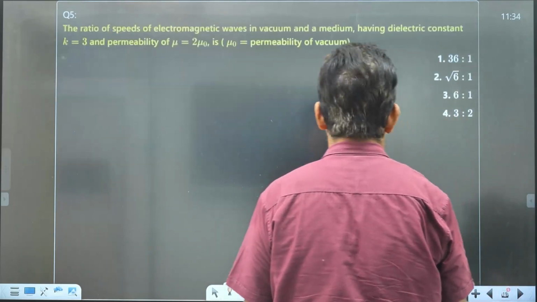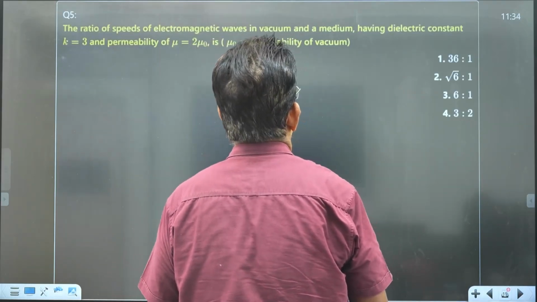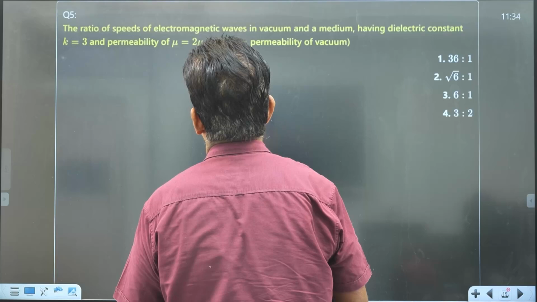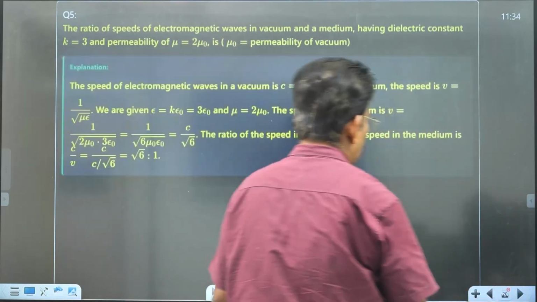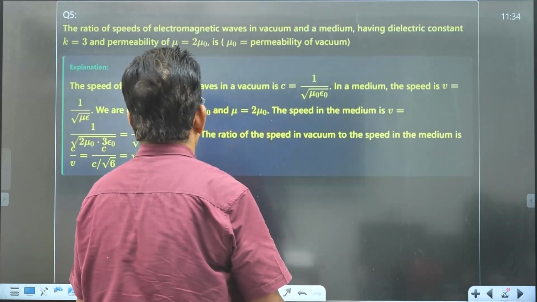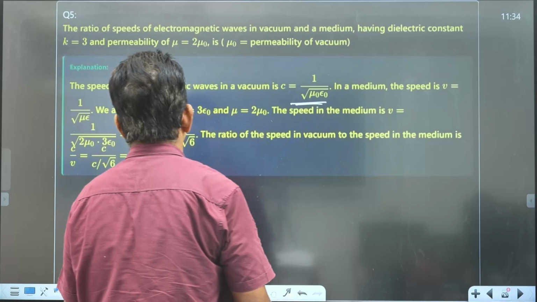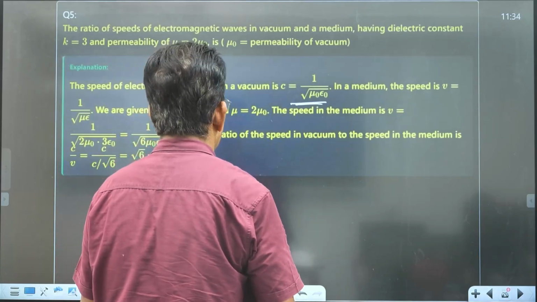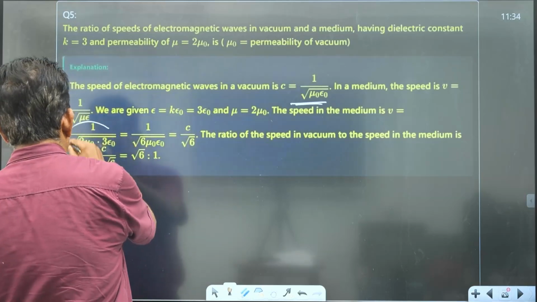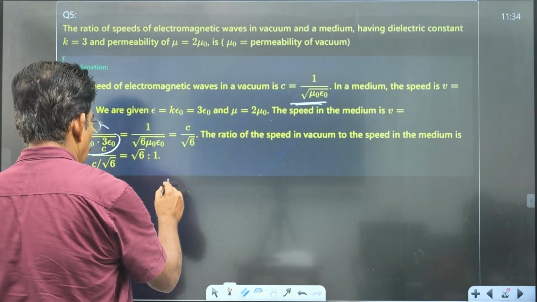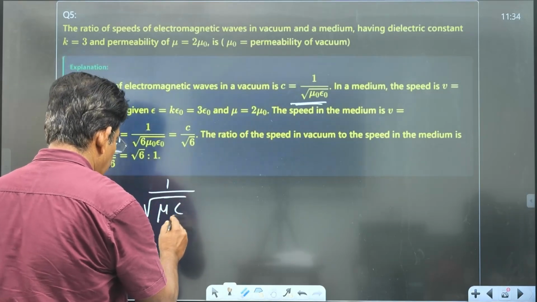Okay, next one. Ratio of speeds of electromagnetic waves in a medium having dielectric constant K equal to 3 and permeability equal to 2 mu 0. Okay, we can go to the explanation. Simple. Velocity in free space is 1 by root of mu 0 epsilon 0. Then velocity in medium is 1 by root of mu into epsilon.